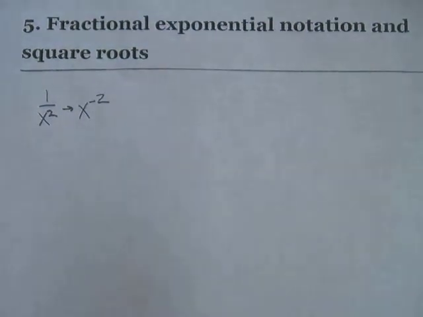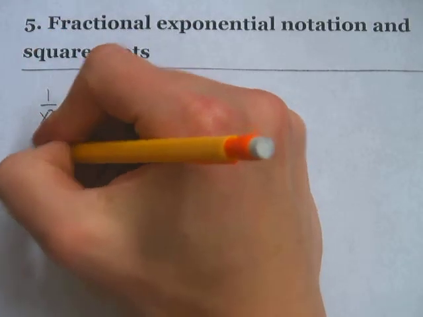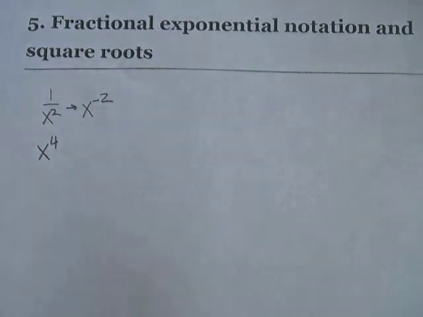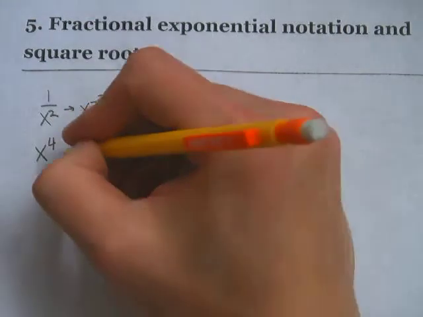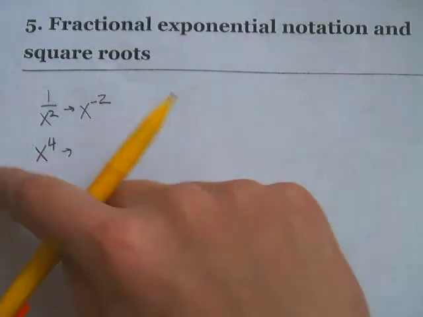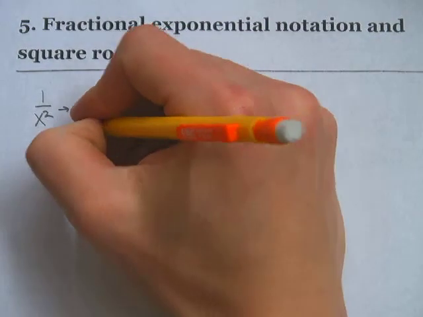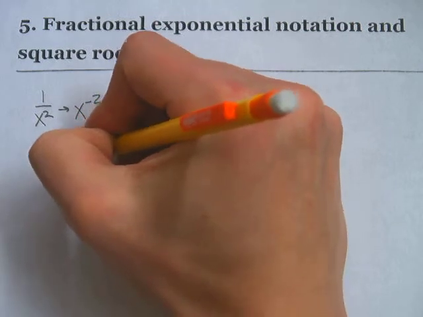If we change the sign of the power, we're allowed to flip it in the fraction. Similarly, if I have something like x to the 4th and I wanted to have a fraction, which I don't really know of many situations where this is that applicable, but if I wanted to rewrite x to the 4th, I could write it as 1 over x to the minus 4.